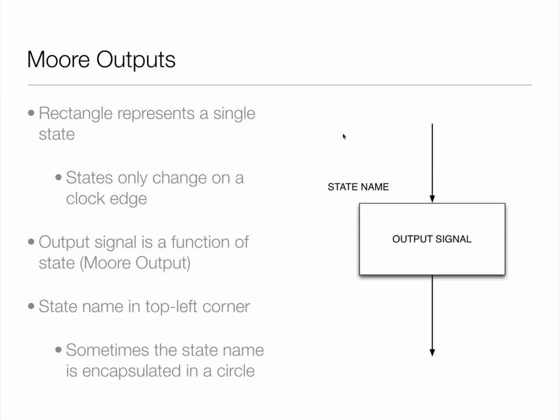Okay, the output is written inside. So for a Moore machine, output signal. Now, when you just write the name of a signal, an output signal, you're assuming by implication that you're setting that to a 1, as I'll explain again in a minute. All right. If you write nothing, you assume it's set to 0.